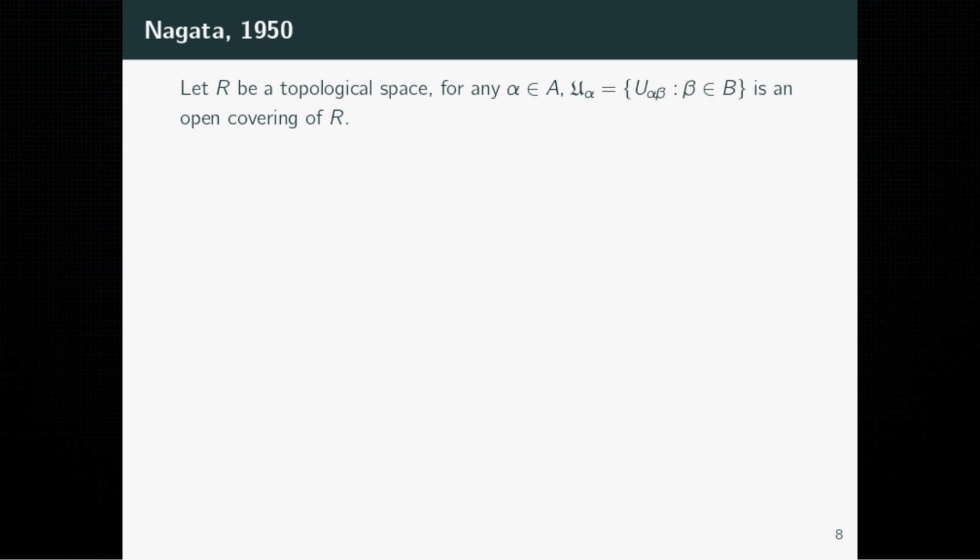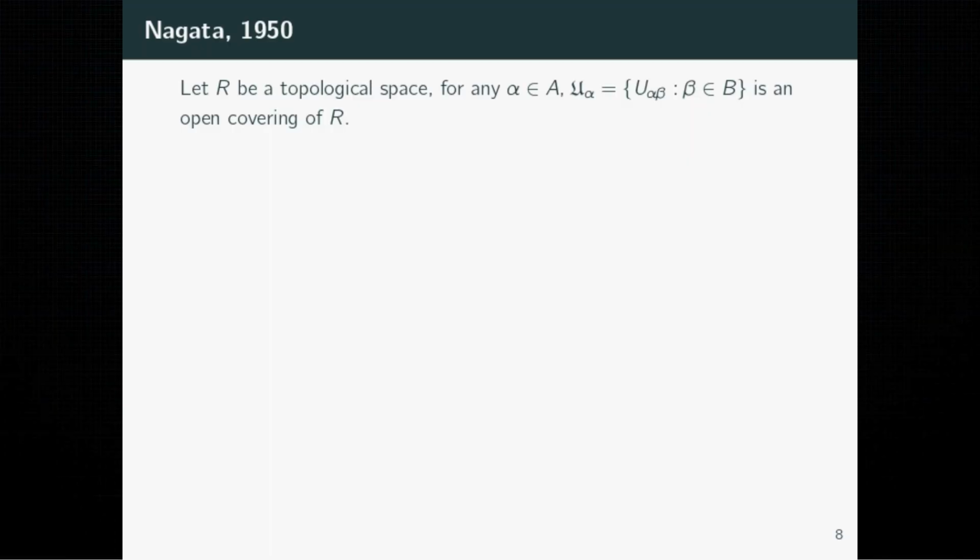The first definition is that for any topological space R and any index set A, we can denote as U alpha a set of open coverings. I mean, you have an index set by alpha and an open cover.